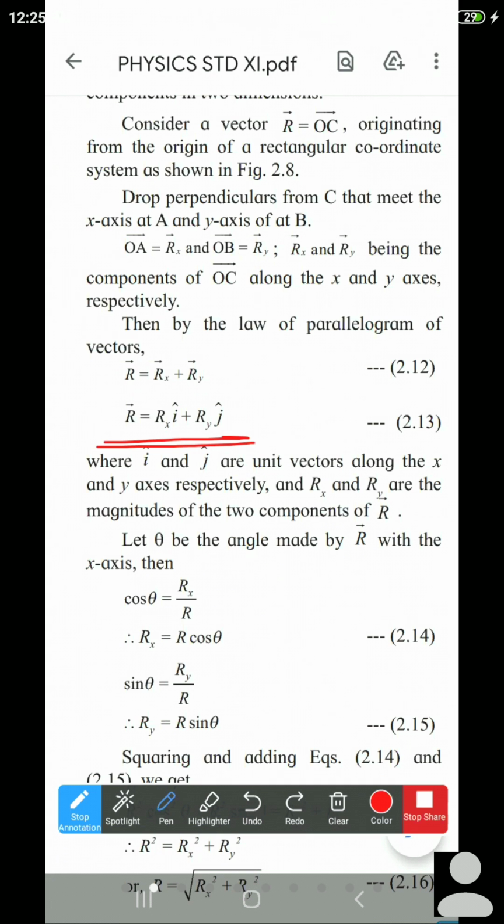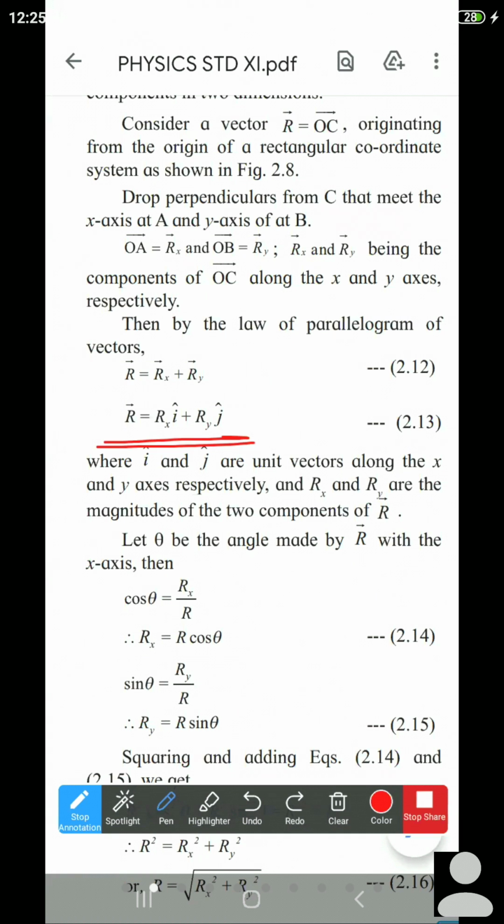Listen students, this is a very important topic and this is the basic knowledge for your higher studies. After 12th standard, you will choose engineering and some other fields. In all those fields, this is the basic knowledge and it is very important.